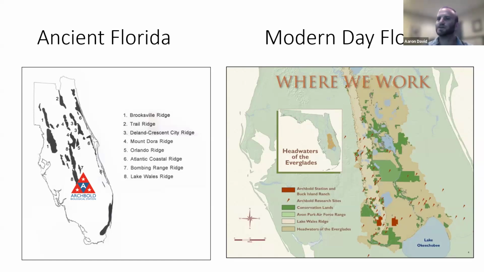We work in a series of privately held lands, including Archbold, as well as some held by TNC, and the federal and state properties in our area. The ridge itself is about 160 kilometers long, or roughly 100 miles long, 8 miles wide, and it is full of sand, as you may well know.